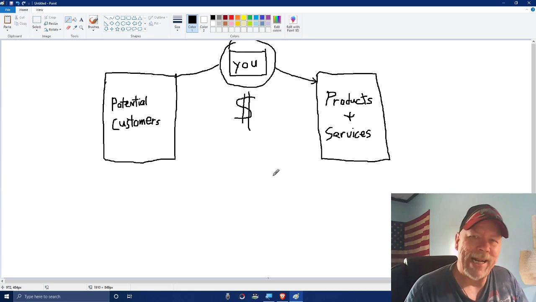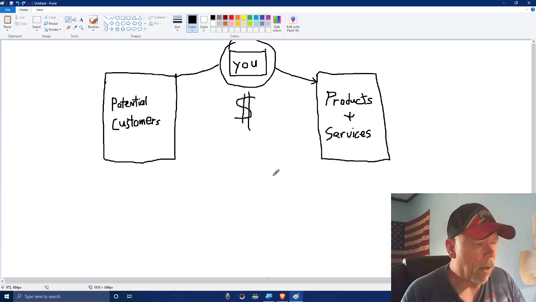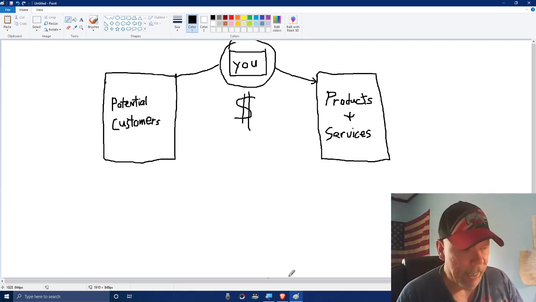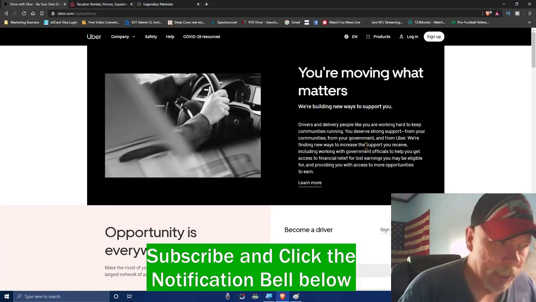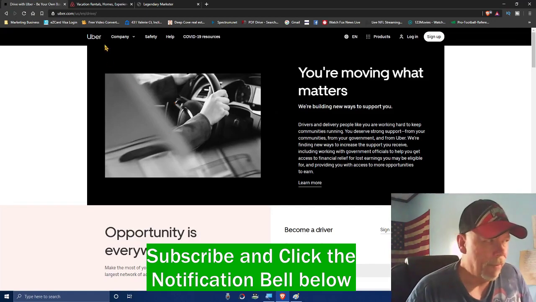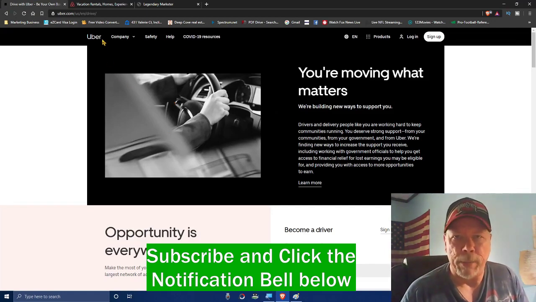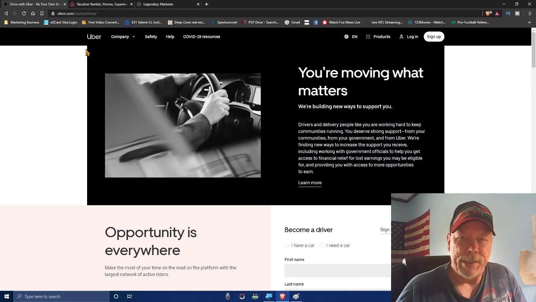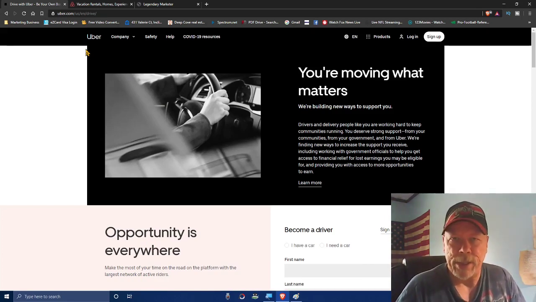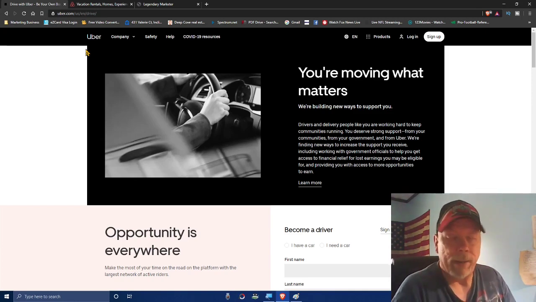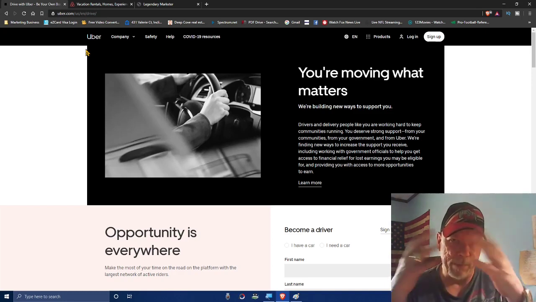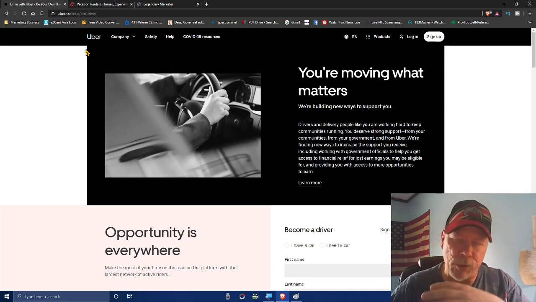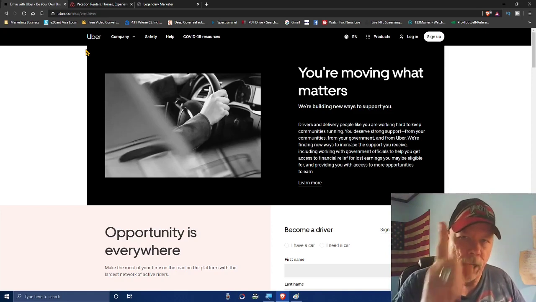A couple great examples of affiliate marketing are two major companies that I can think of, and these are billion-dollar companies. For example, how about Uber? How many of you guys have heard of Uber before? Uber is the company that destroyed pretty much the taxi business in most cities and towns around this country, well, around the world for that matter. So Uber is a company that all they do is they are the middleman. Mind you, Uber does not own one car.